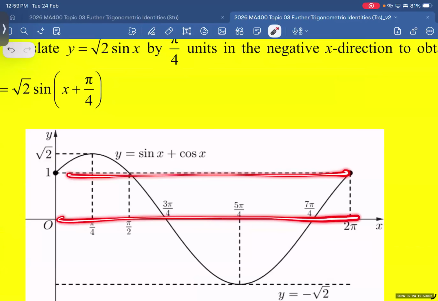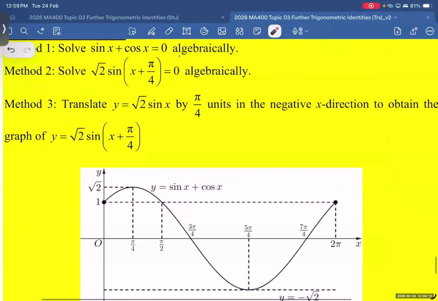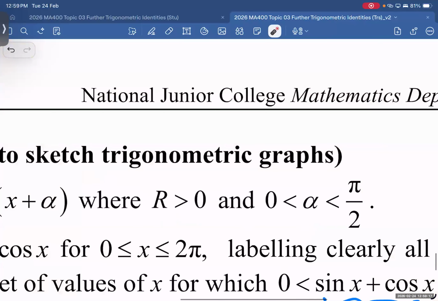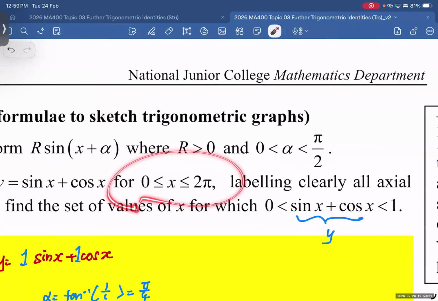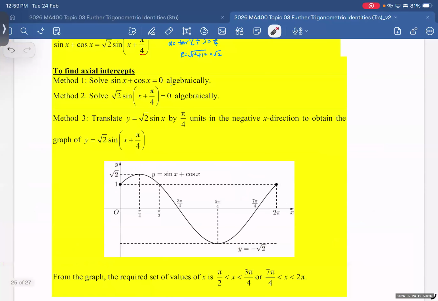This is y equals 1, this is y equals 0. Once we translate, this portion here no more appears, it will appear here. This portion.